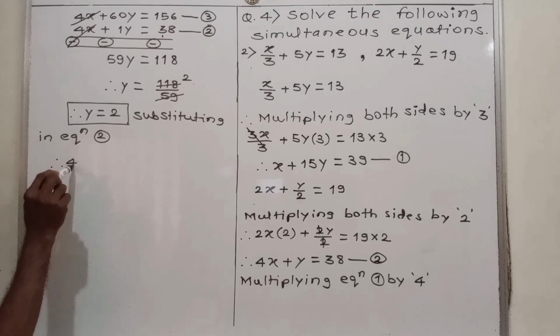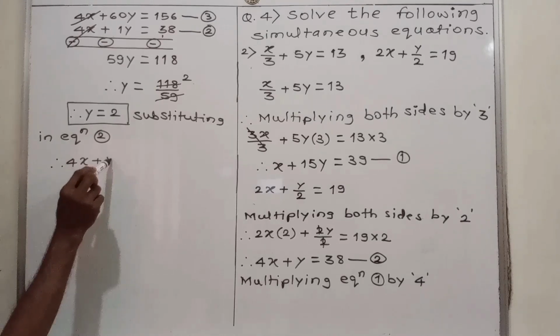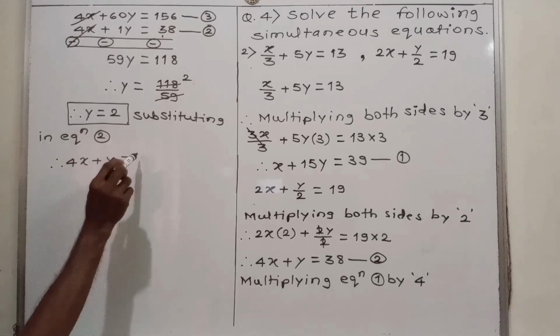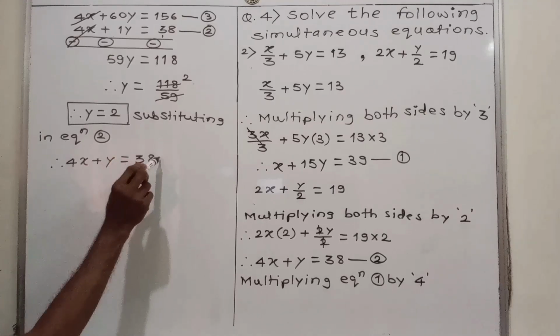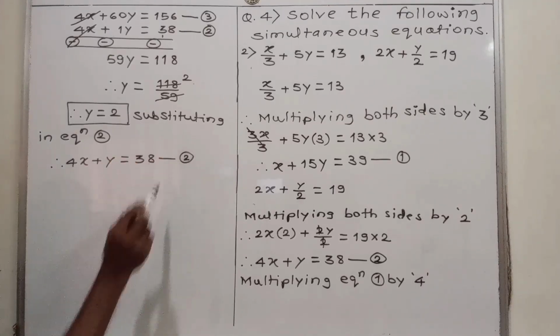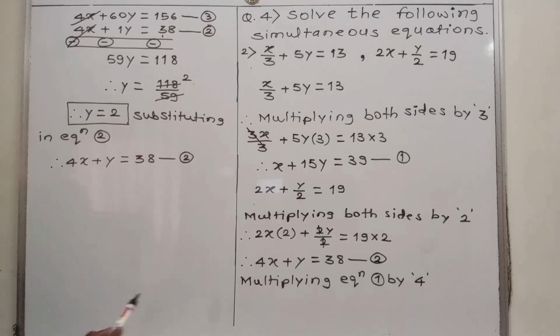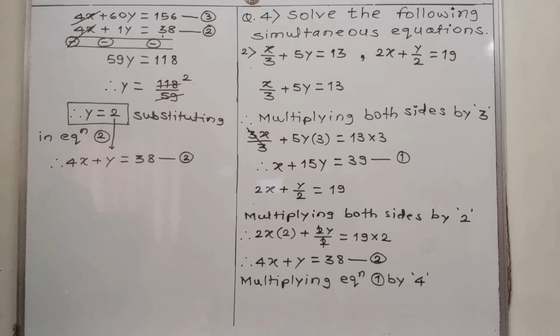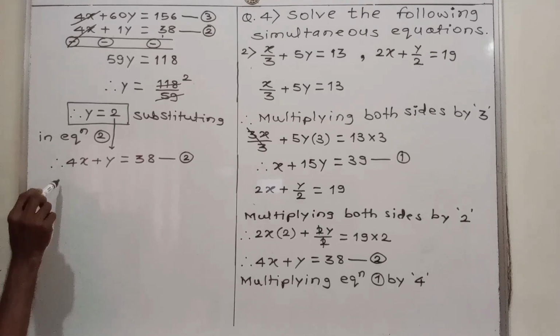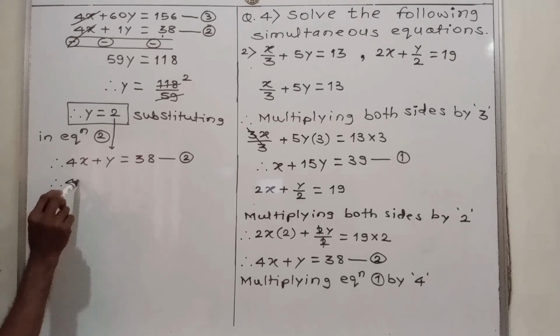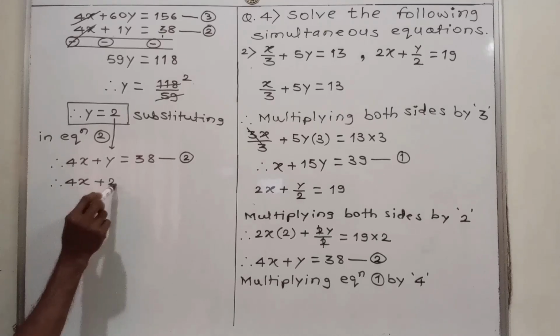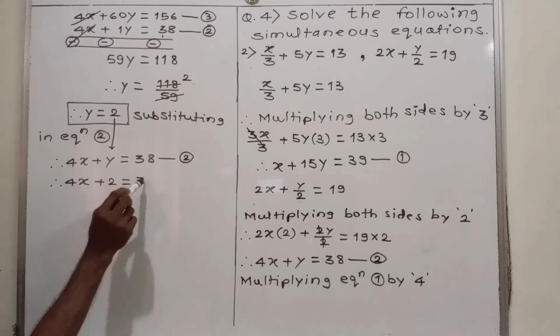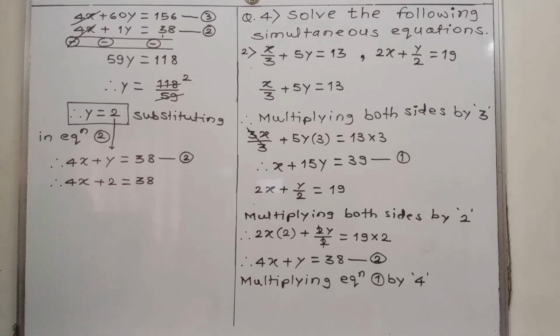Therefore 4x plus y is equal to 38. This is our equation number 2. We put the value of y. Okay, see this. Therefore 4x plus 2 is equal to 38.